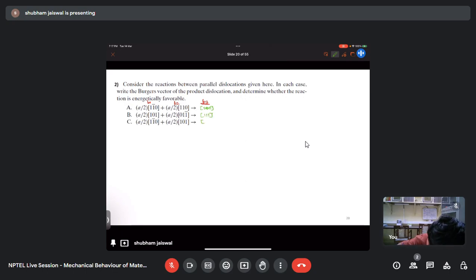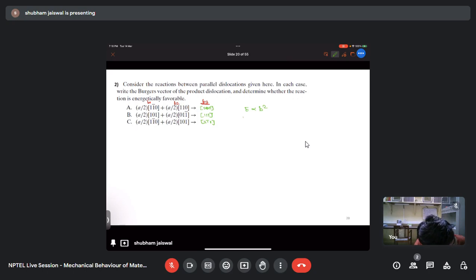And for the third condition, it will be 2, 1 bar, 1. So this is the b3 for all three conditions. So now we know energy is directly proportional to b square.